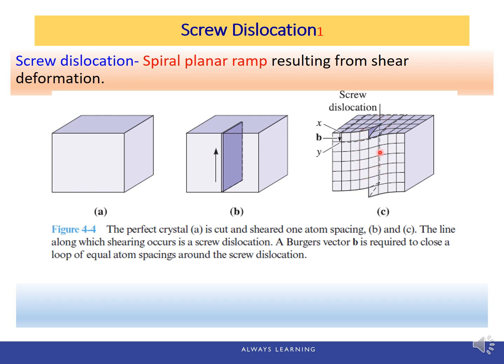And the atomic distortion associated with a screw dislocation is also linear and along this dislocation line. So in this Figure C, the dislocation line is this line. It's a linear line, which results from the line here. If we cut halfway through it and we shear along this line, this will be the screw dislocation line.